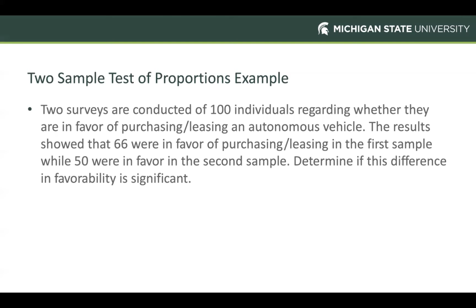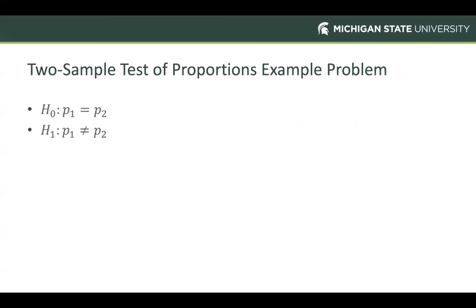And so we want to assess whether or not this difference in favorability is significant across those 2 respective samples. Okay. And so our null in this case is that those proportions are equal to one another, and we're just interested in whether there's a difference one way or the other across those samples.